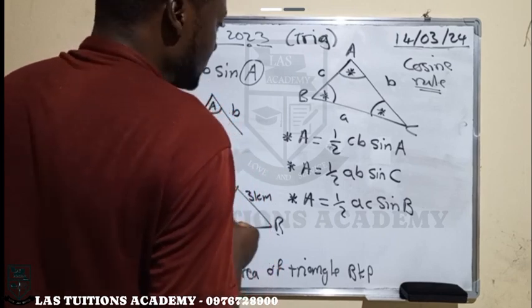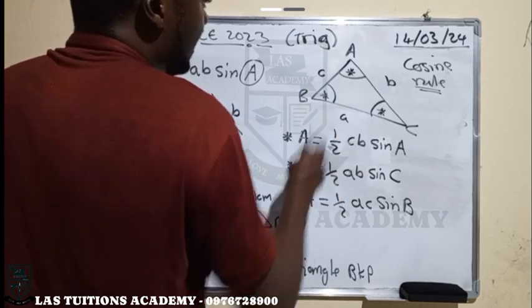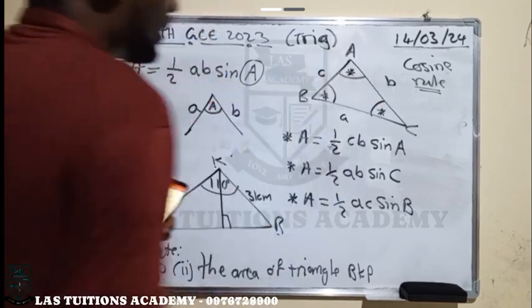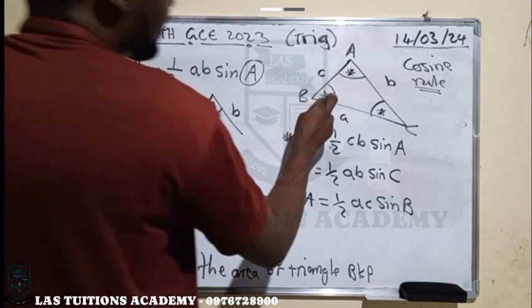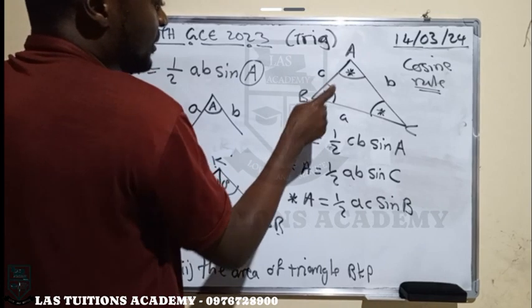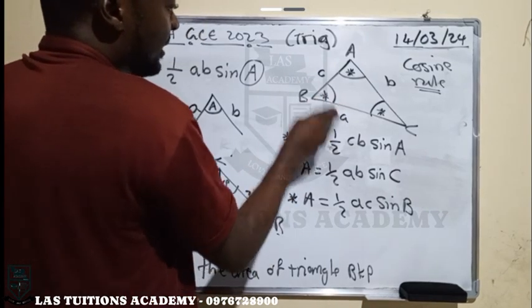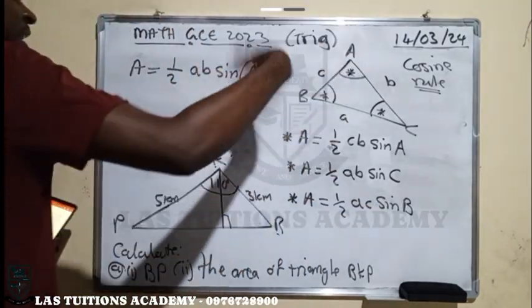So if you have these two sides and that angle there, then you can use this one for finding the area of that triangle. You say area is equal to half AC sine B. Then you're going to find the area of that triangle.